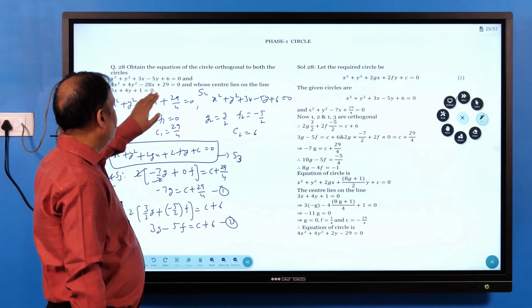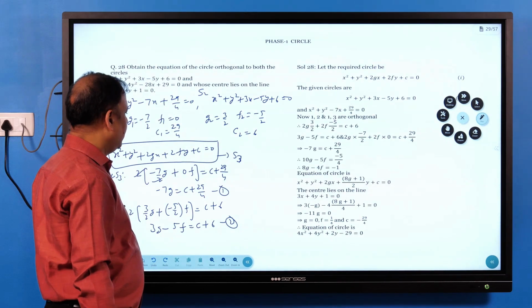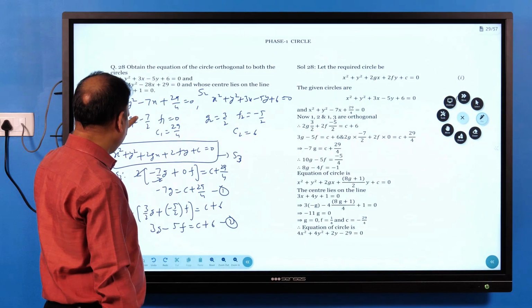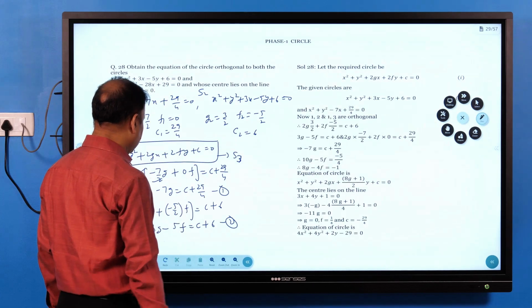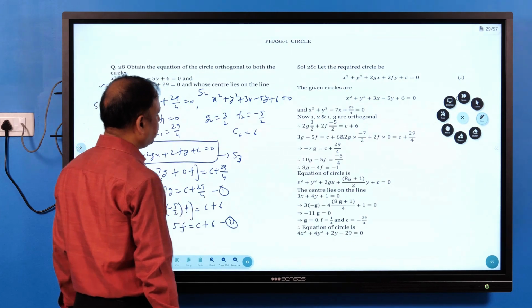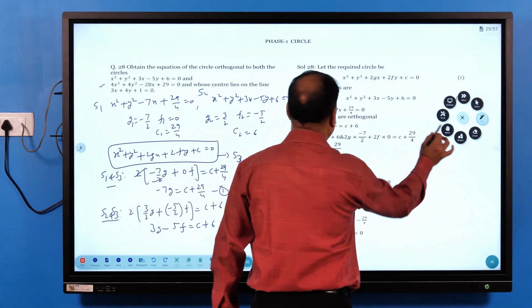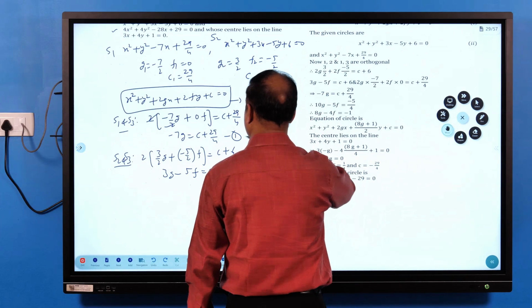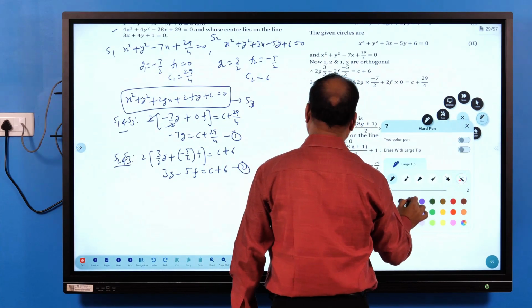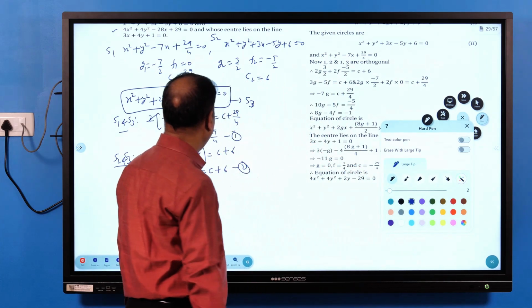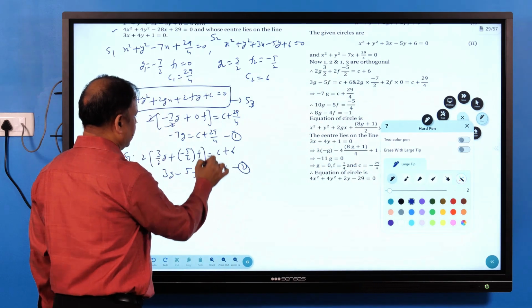Next it is given whose center lies on this line. So center lies on this line 3x plus 4y plus 1 is equal to 0. So we will solve these equations to calculate. So first let us eliminate c from equation number 1 and 2.